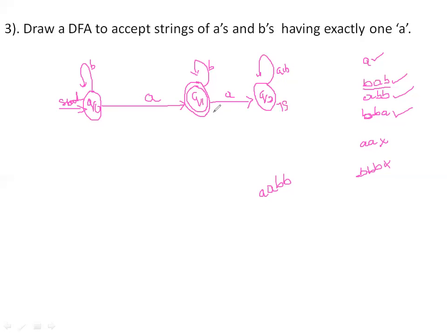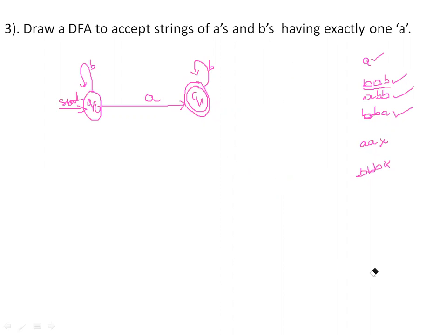If you want to provide all the transitions for the state, then you can do it like this. Otherwise, you can skip this portion. If you want, you can provide the trap state over here. Clear? In my transition diagram or transition table, I'm going to skip that trap state.